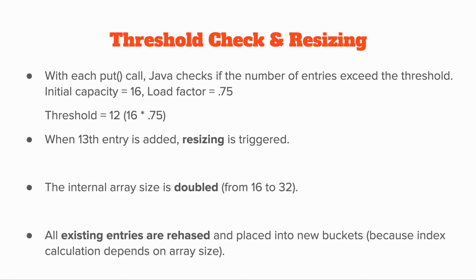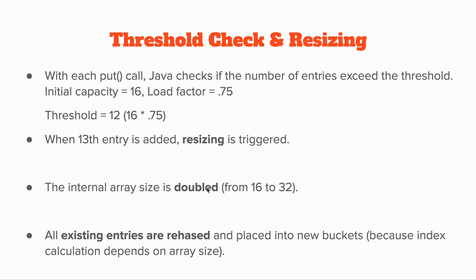If there is no hash collision, then the time complexity of get and put operation is always O(1). In case of hash collision, the worst case time complexity is O(n), and O(log n) if it creates a tree, right? When resizing is triggered, the internal array size will be doubled.